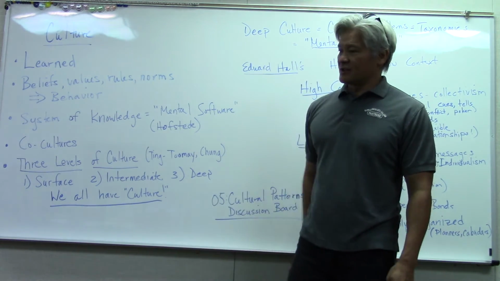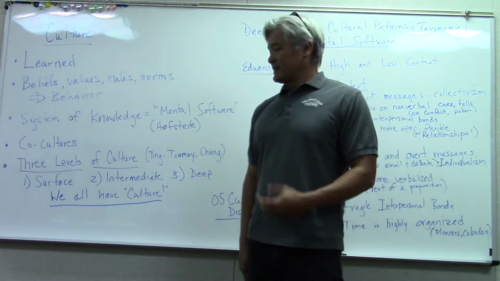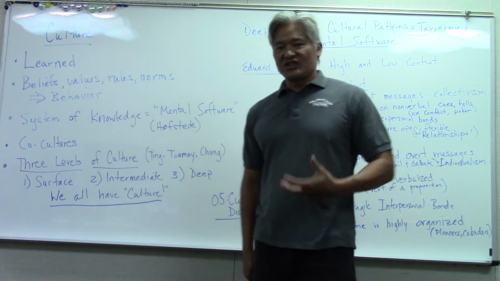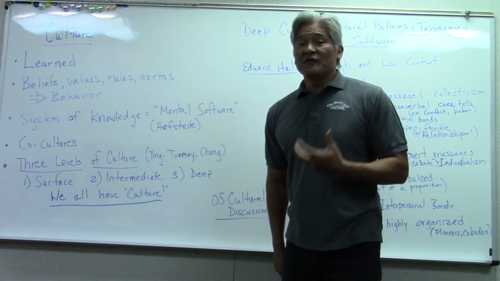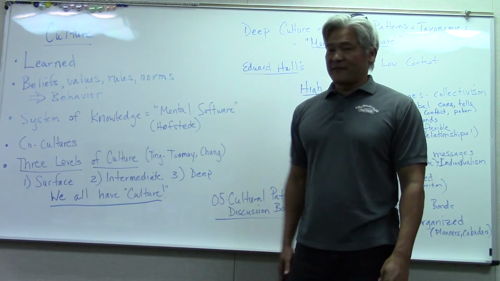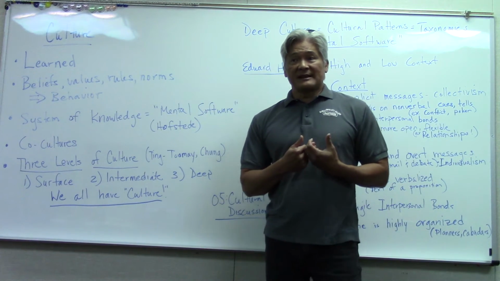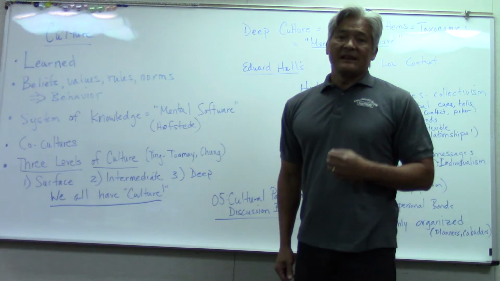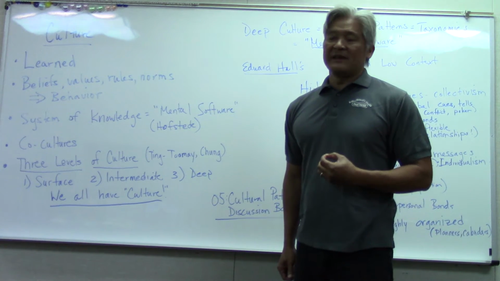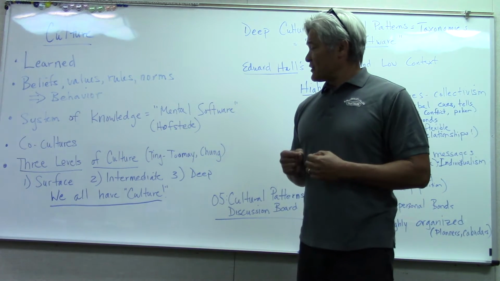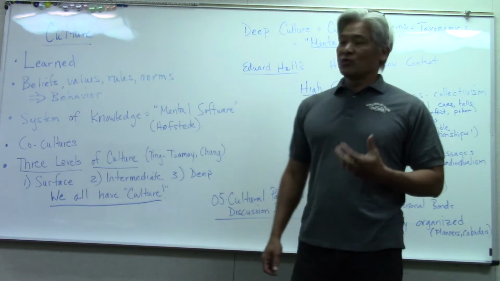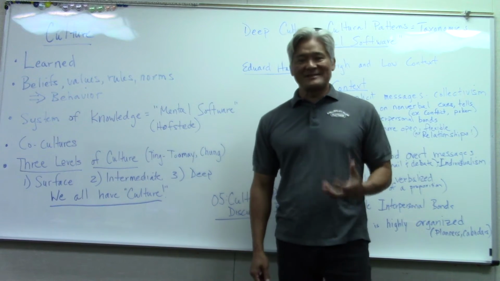Now, deep culture is really, we're looking at traditions that have stayed stable over time. And I'm going to keep repeating that phrase because that's really what epitomizes deep culture. It's stable over time. In 5 to 10 years, these values, these beliefs, these rules and norms are still going to be present.